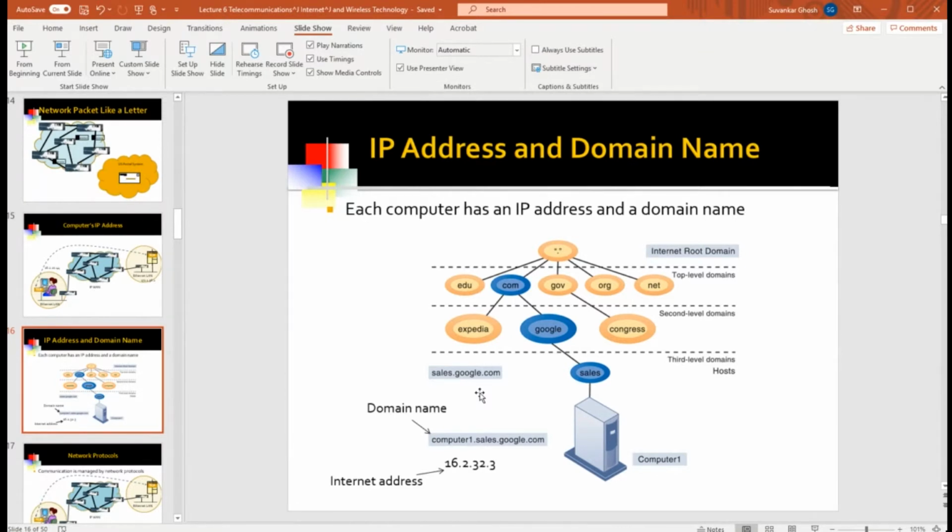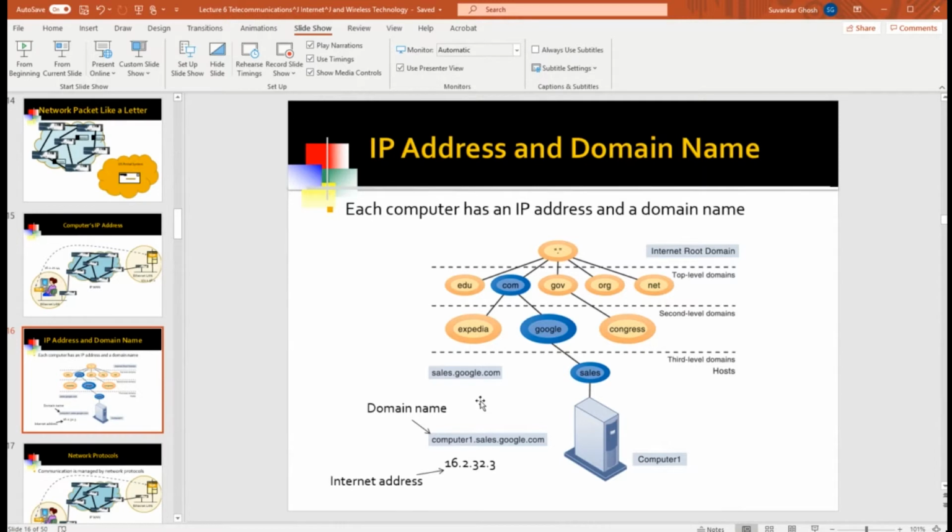The user is dealing with domain names. So if I want to find something from IBM, I'm going to type into my browser www.ibm.com. That is an example of a domain name. If I want to go to the sales department of Google and get some information from them, then it's reasonable that the sales department server may have a domain name such as sales.google.com.